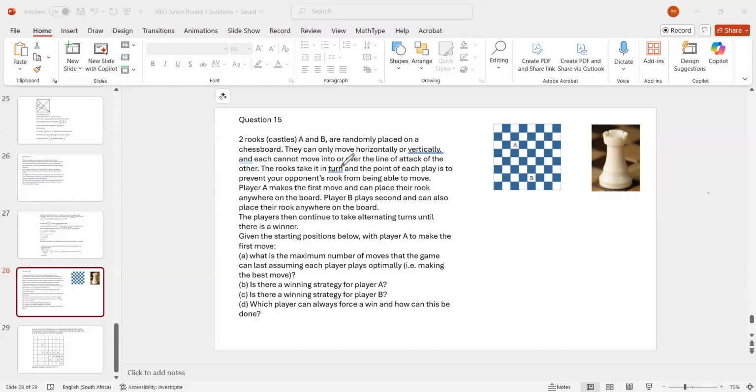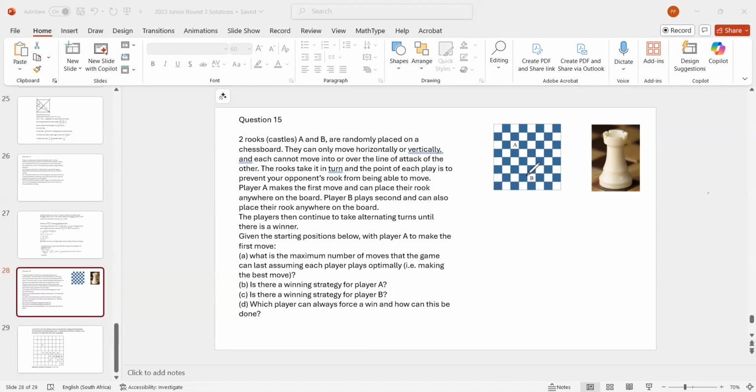They can move horizontally or vertically, and each cannot move into or over the line of attack of the other. Now, this cannot move. Like, for instance, I can't move. This is the other one. I can't move beyond this line here, and I can't move beyond this line here.